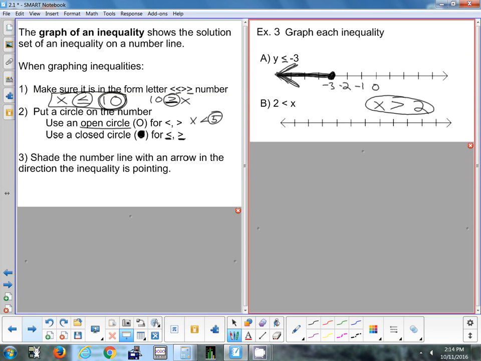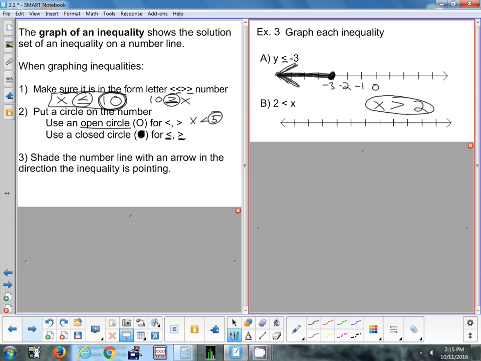Why do we have to do that? So that it tells us which way to shade. If you don't, it tells you the wrong way to shade. So now we have letter, symbol, number. Perfect.